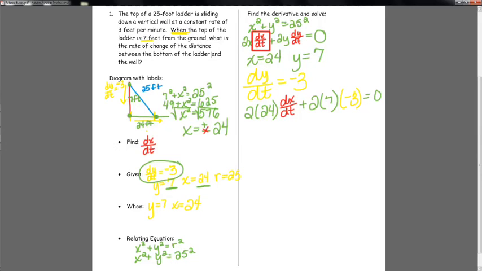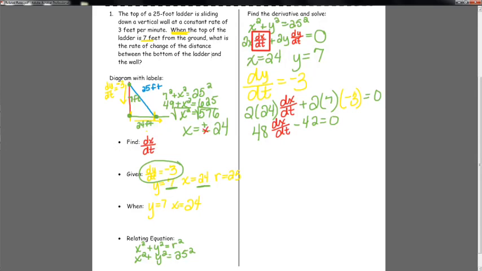So 2 times 24 is 48 dx/dt. That's what I'm solving for. And let's see here, 2 times negative 3 is negative 6. Negative 6 times 7 is negative 42. So minus 42 is equal to 0.